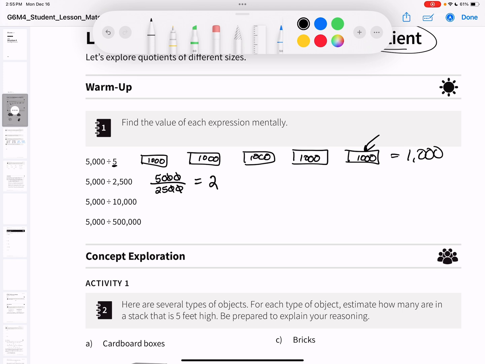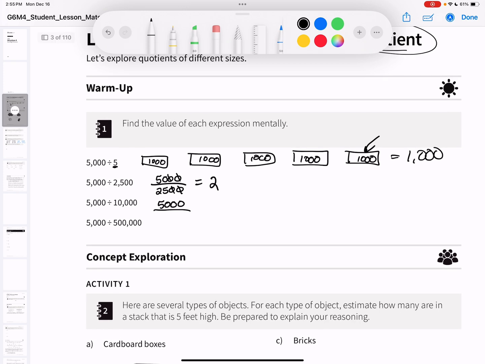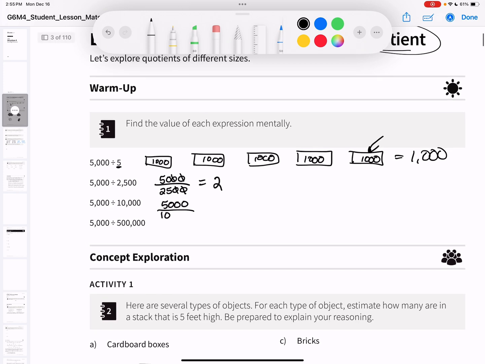Then we're going to do 5,000 divided by 10,000. Well, I again can divide this time by 1,000 and take off 3 zeros from each one.